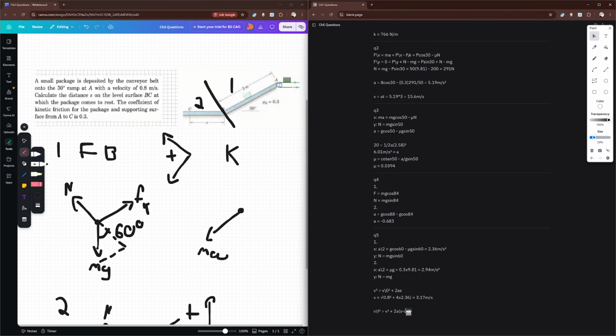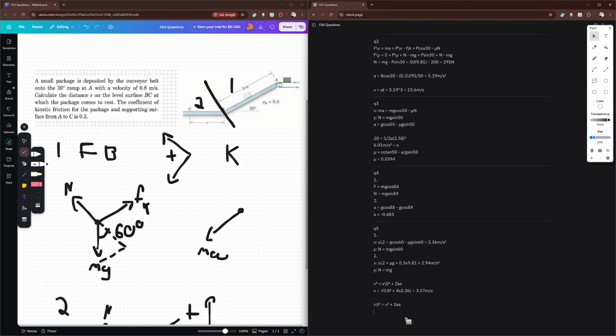So B is our new 0. So we'll get rid of s naught and just make it s. Rearranging for s, we get s equals (Vf squared minus V squared) over 2a.